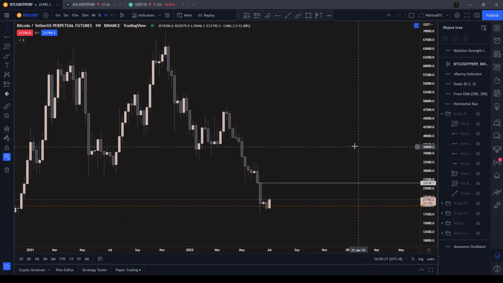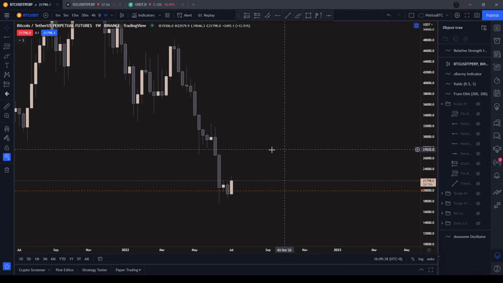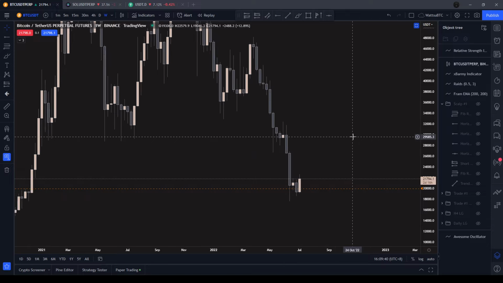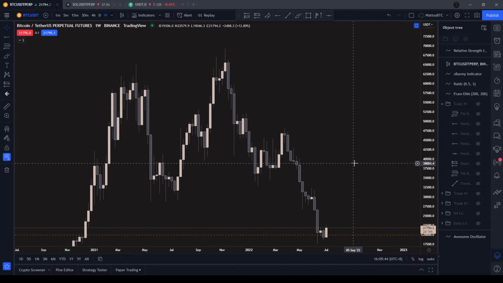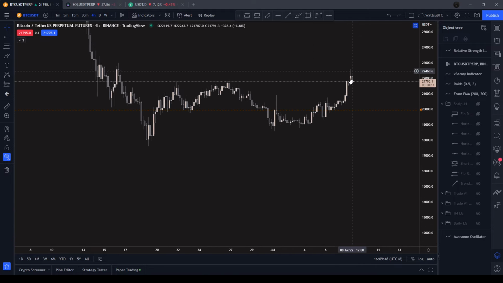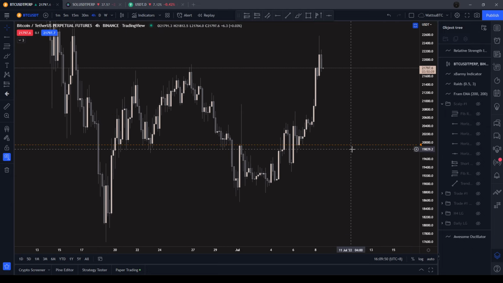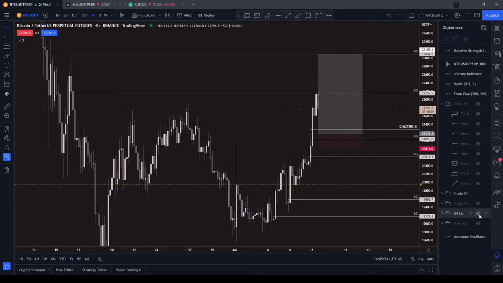Then we would be safe to long. But anticipating that would make us lose on a lot of trades, since this is the weekly time frame. So we won't see that anytime soon, and let's just stick to our 4-hour time frame, the favorite time frame. Okay, that's it for Bitcoin.